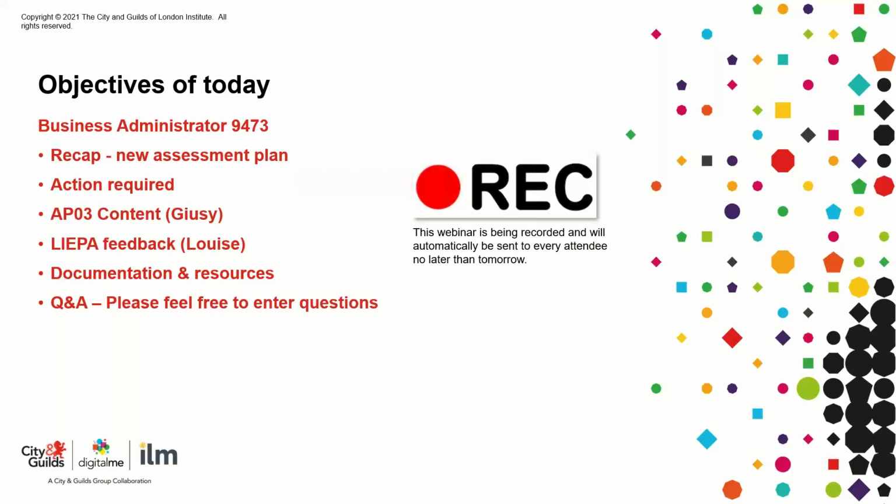We're then going to look at the actual content of the new assessment plan 03, which Giusy is going to look at. Giusy is then going to pass over to Louise, the lead independent endpoint assessor, who's going to give us some really valuable insights into the current assessment plan and how it may help moving forward, before briefly looking at documentation and resources, before giving you an opportunity then to ask questions throughout.